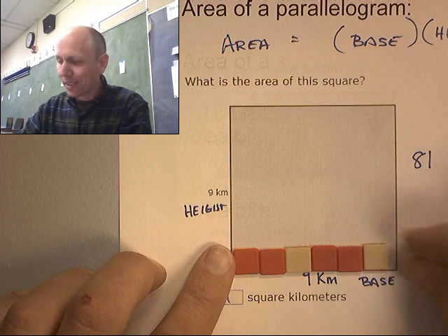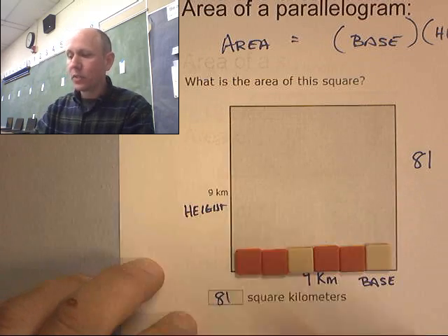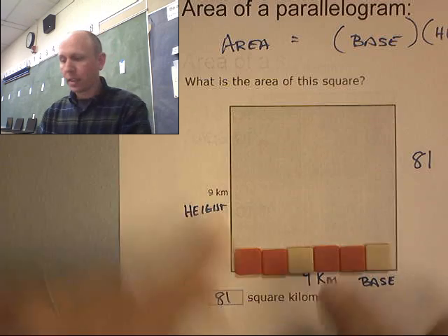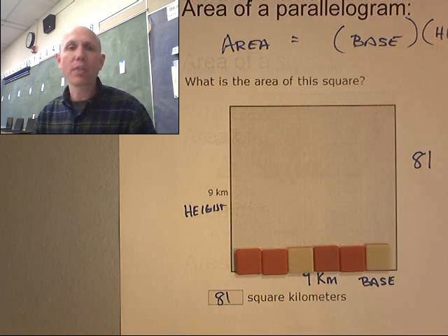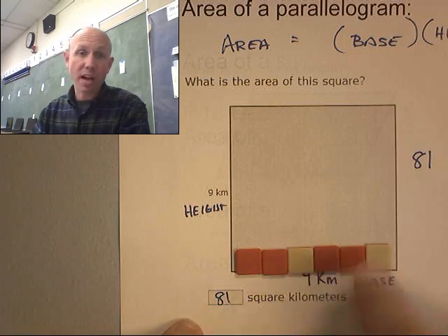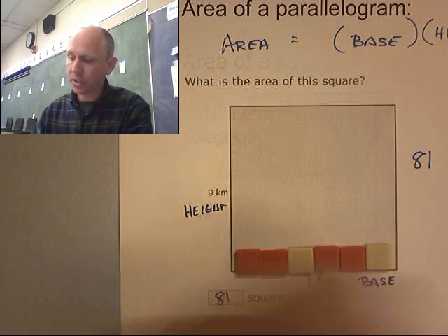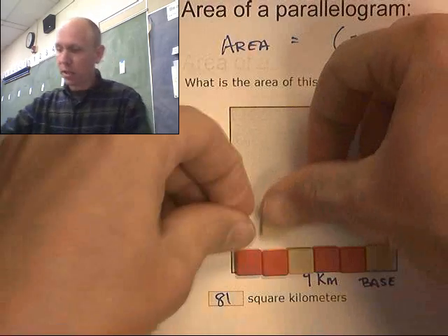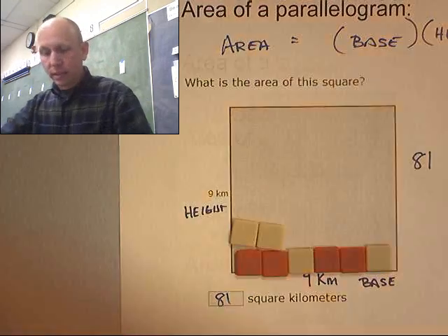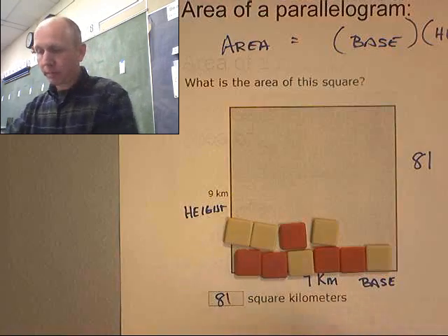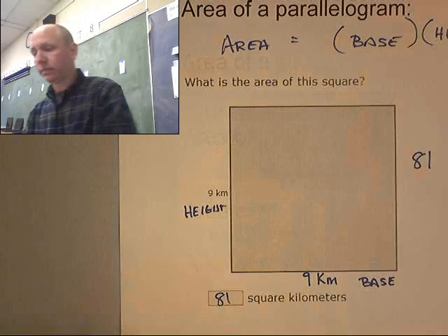So really, if this was 6 by 6, that would mean there would be 36 square kilometers. But the problem was set up with 9, and my squares aren't the right size for this. But it would mean that we could fit 81 little squares inside of this thing. That's what the area is.